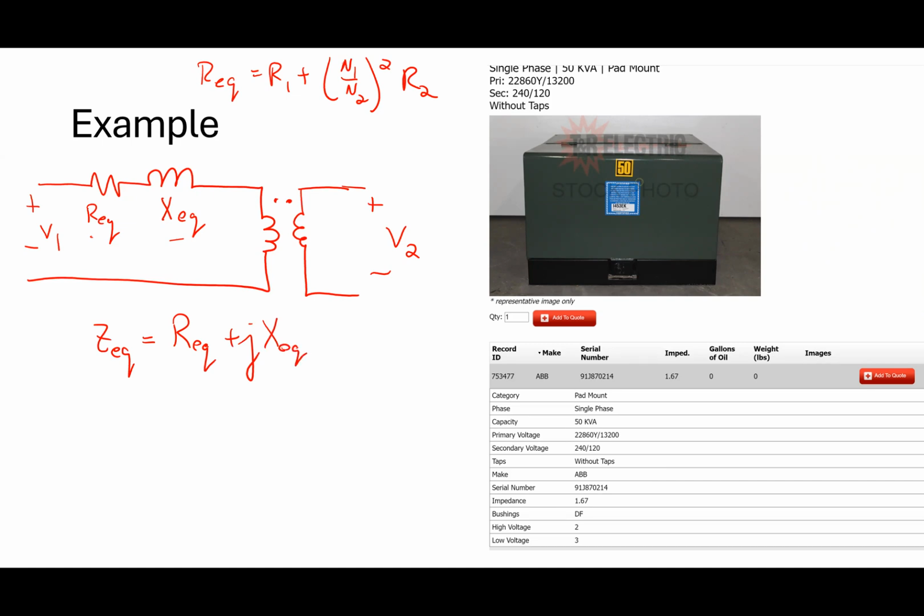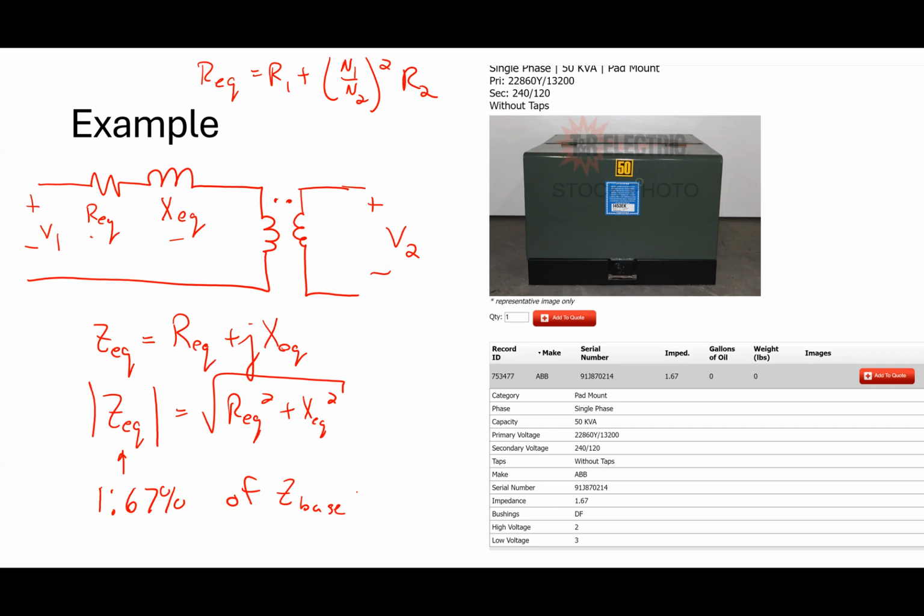So I talked about the magnitude of those. The magnitude would be this, right? What it's told me is that the value here is 1.67% of Z base.